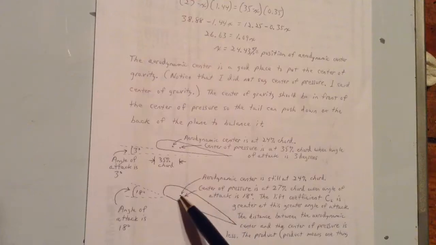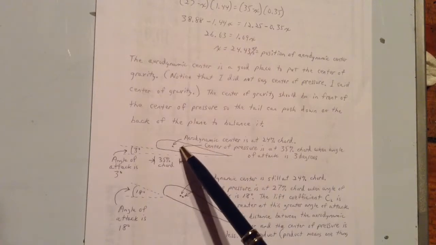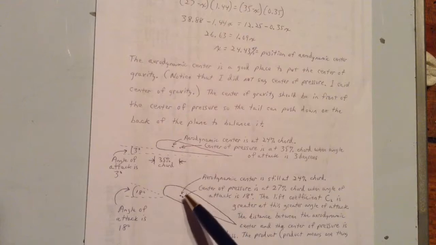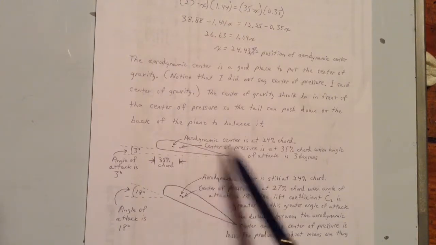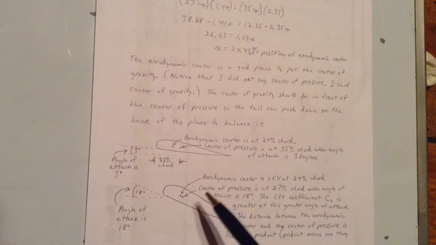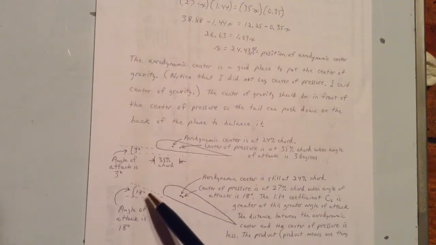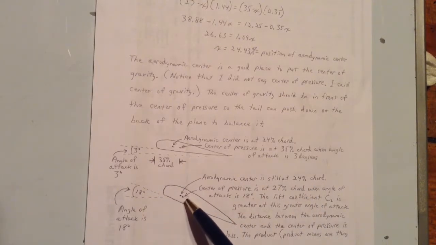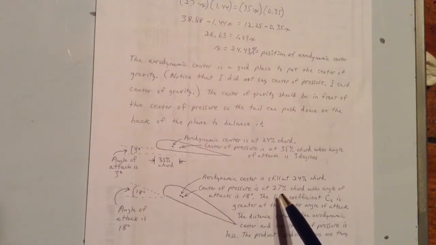And the aerodynamic center on this one is also at the same place, 24%. But notice the center of pressure is further back at the slight angle of attack than it is at the greater angle of attack. Here it's at 35% of the chord, and when the angle of attack is 18 degrees, it's only at 27% of the chord.